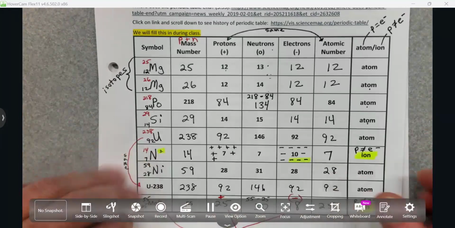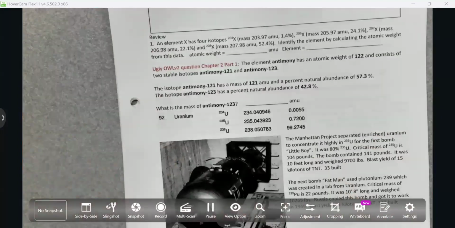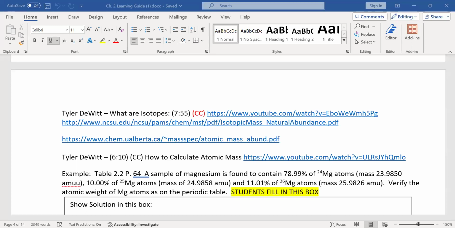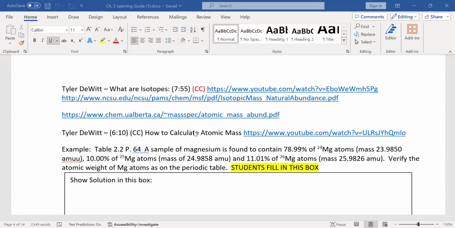So let's look at isotopes that are naturally found in nature. I got to make sure I'm on this screen now. Right here.